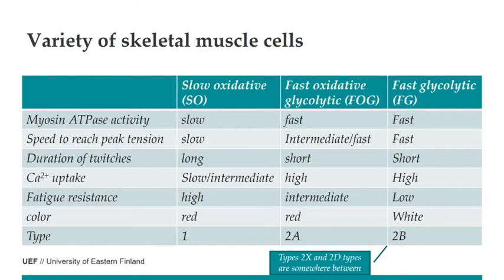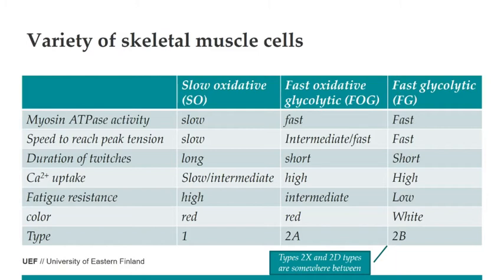So even within the fast oxidative glycolytic cells, the tension can be intermediate or fast, or something between them. So it's much more complex, and you can't just say this is the slow and this is the fast, but that we have at least 4 or 5 different types.